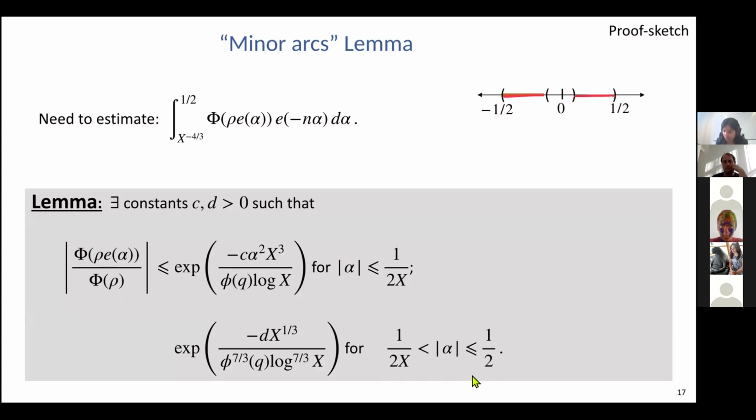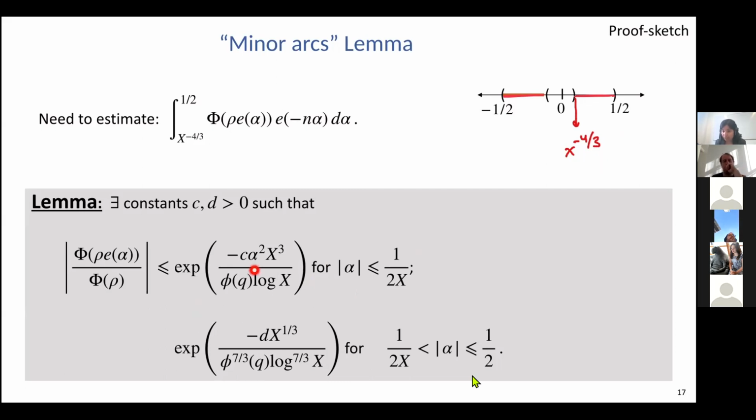It's larger than x over, let me just write it. This part was x to the power minus 4 over 3. So this is larger than this quantity, and it's smaller than 1/2. Well, okay, we have two estimates. It's not uniform in this interval, but when mod alpha is less than 1 over 2x, then this is one quantity. The point to note here is that there is an alpha here.